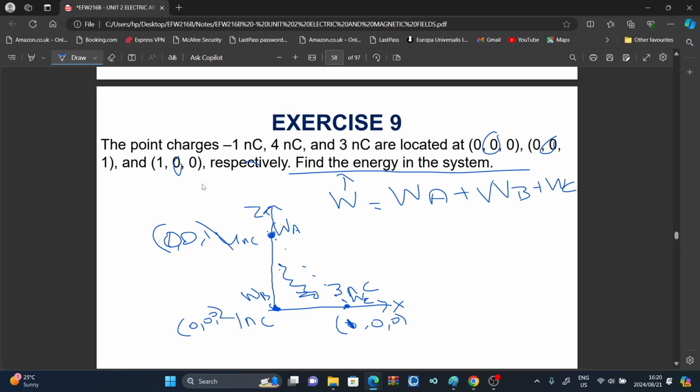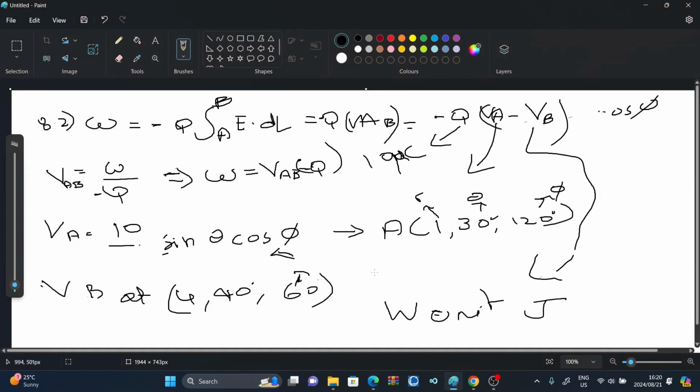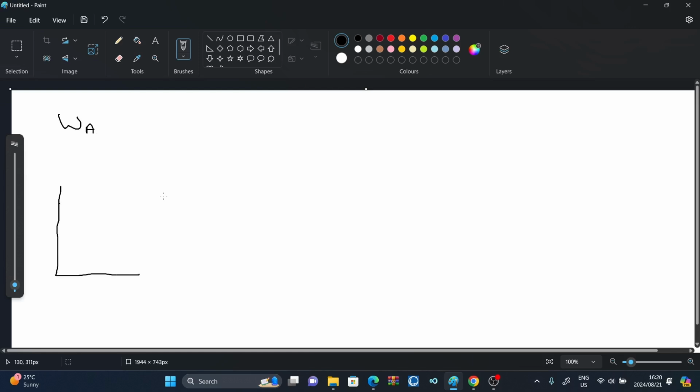As you continue, you will see there is a pattern that they are more or less the same. So to find our work done A, B, and C, let's go. Let's say to find our value at work done A, right? I'll draw this again.